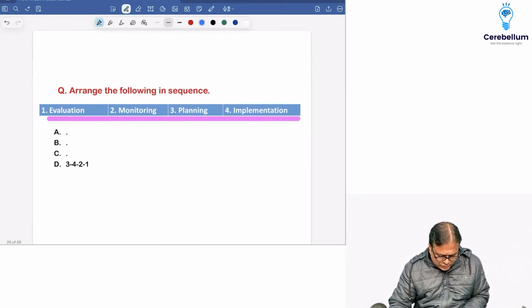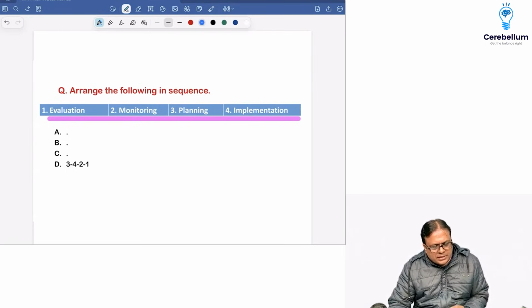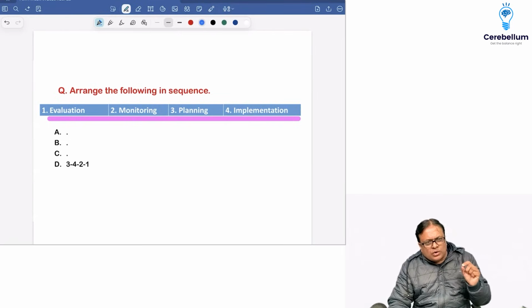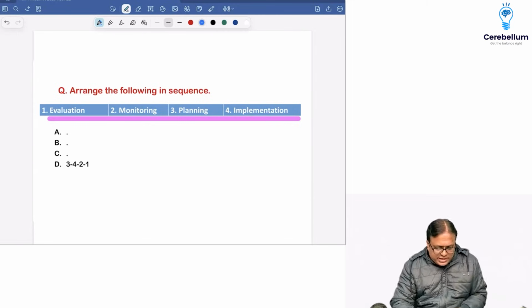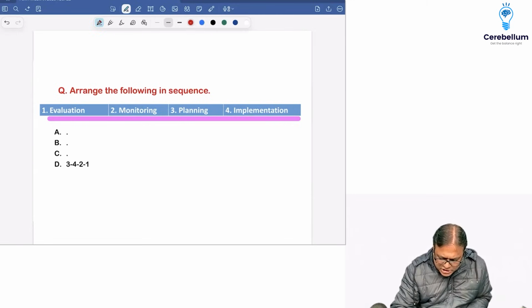Please have a look at this, friends. Okay, it was there. Can you now confirm whether only these four words were there? A student said delegation was also there, so implementation may not be there. It may be delegation. Is it right now?